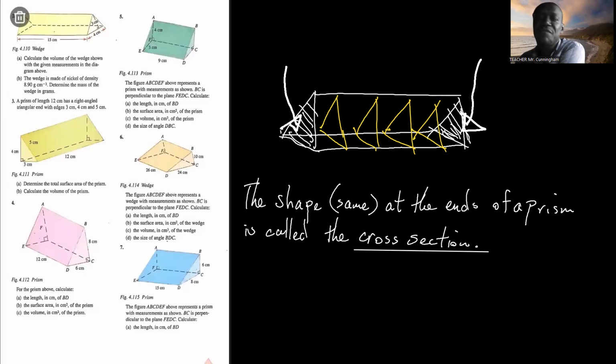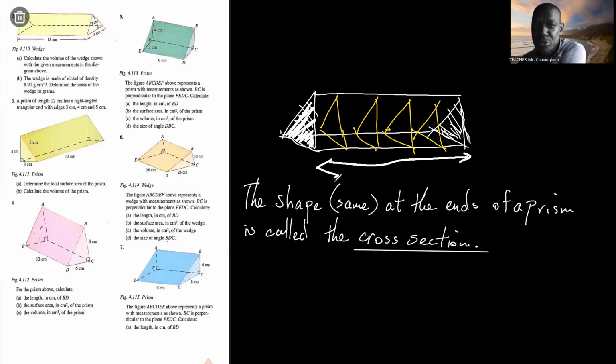So to find the volume of this shape, I would have to find the area of this cross section, and multiply it by the length. The reason is that it's the same shape going all through.